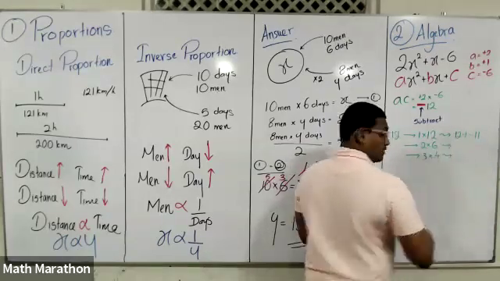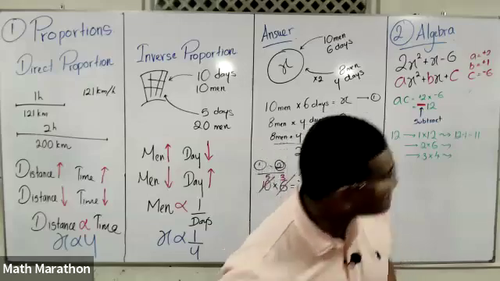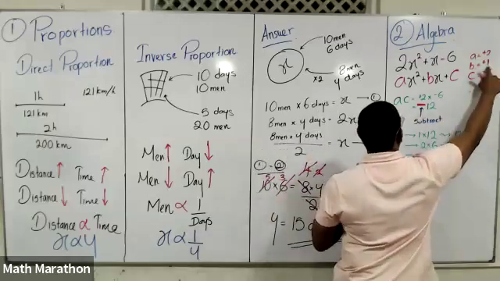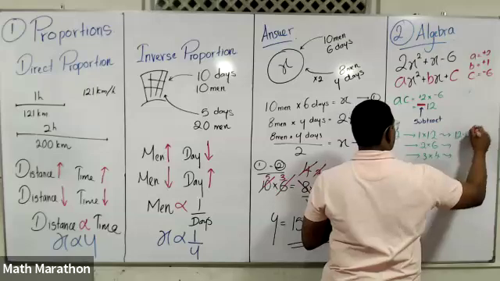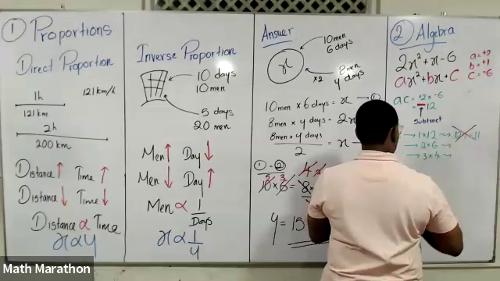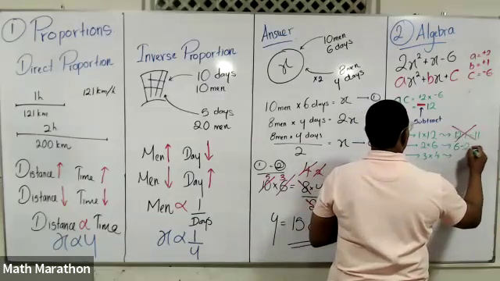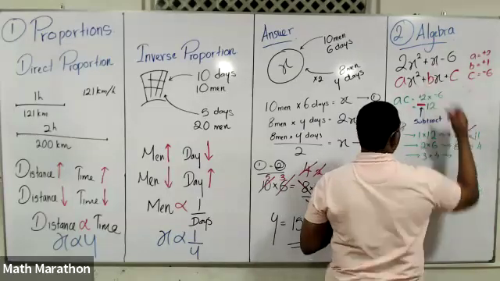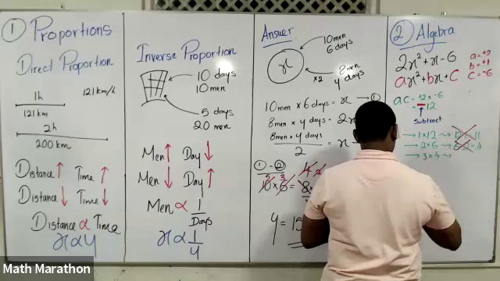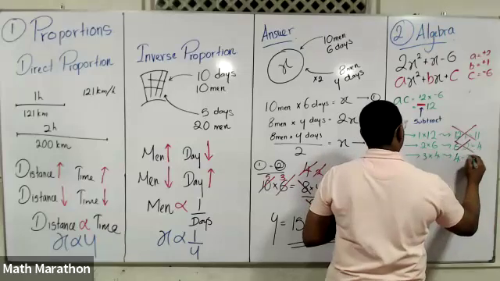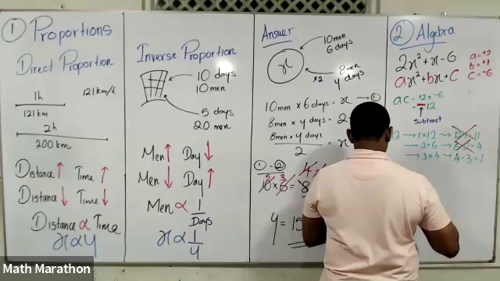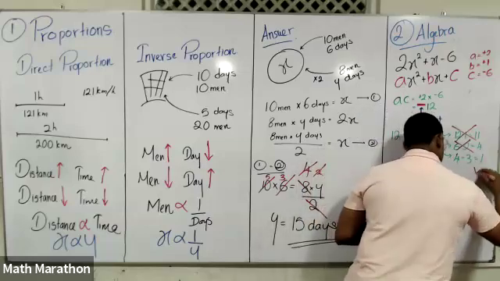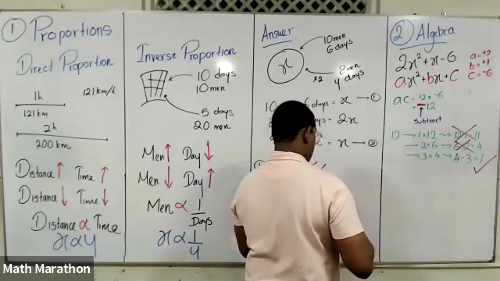Do I need 11? No. Because I need 1. Here B is 1. So this is not the answer. 6 minus 2, I have 4. Is that what I need? No, I need 1. Out. 4 minus 3 equals 1. Is that what I need? Yes. That is what I need.